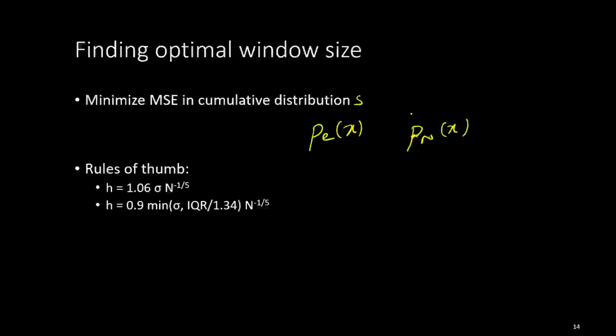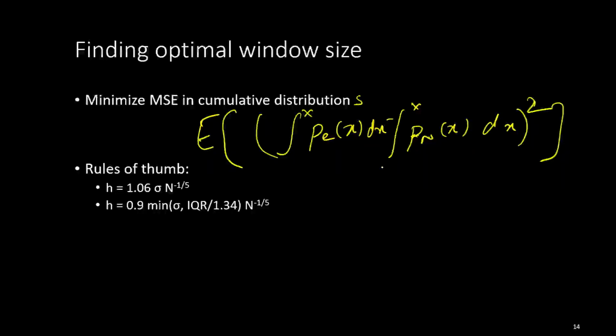If we integrate both of these up to capital X, take their difference, square it, and take the expected value, from minus infinity, that is what we want to minimize.